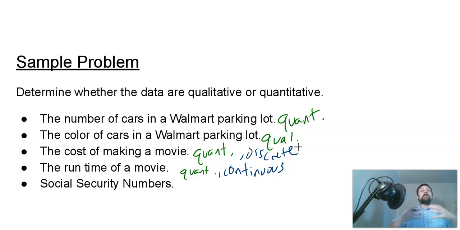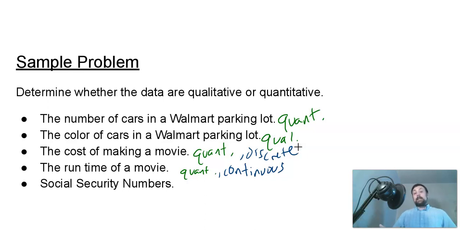It's a number that's really given to me to label me. It's not a number that works like a number does. For example, if you take two Social Security numbers and add them together, is that a meaningful thing to do? Of course not. It would tell you nothing about anything. It's just nonsense to add two Social Security numbers together. So they're numbers, but they don't act like numbers.